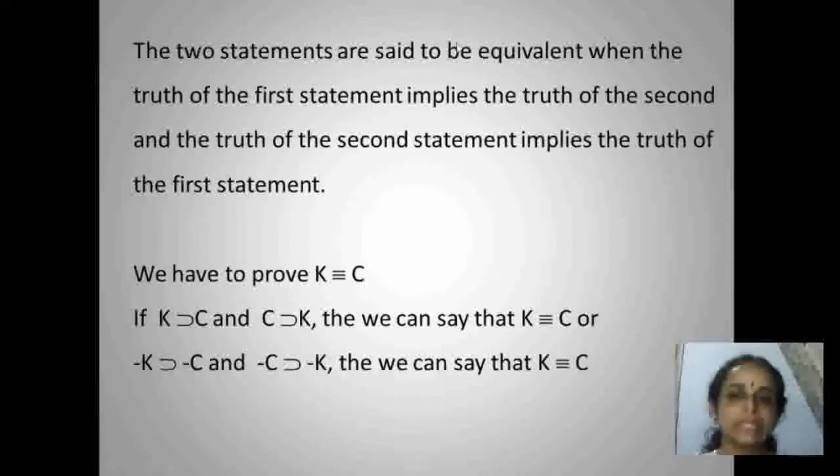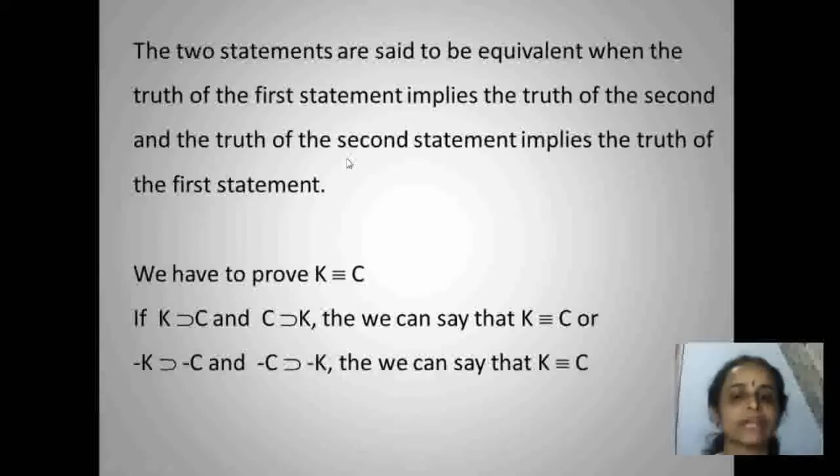Similarly, we can take the falsity of both. Two statements are said to be equivalent when the falsity of the first statement implies the falsity of the second statement, and the falsity of the second statement implies the falsity of the first statement.